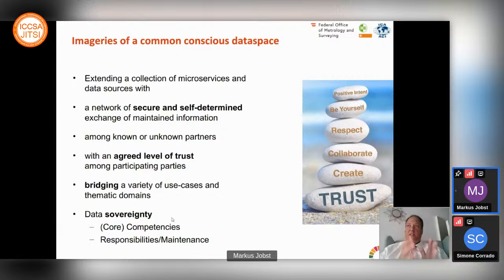So it's not a thematically focused data set, but it's really a data lake of several use cases. A very important aspect here is that we keep up data sovereignty. And this is done by establishing core competencies and responsibilities and the maintenance of the data in the backend.